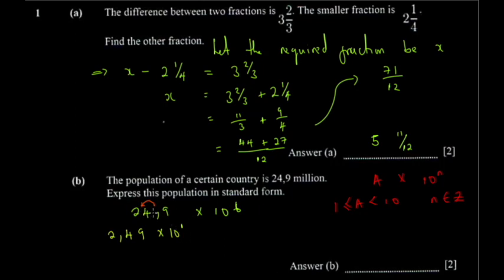Another way to look at it is whenever you shift the comma to the left, here you shifted the comma this way. Let me actually show you the way it's usually shown. So you shifted the comma once, one place to the left. Whenever you shift the comma to the left, this power is to be positive. If you want to understand it, this 24.9 is bigger than 2.49.